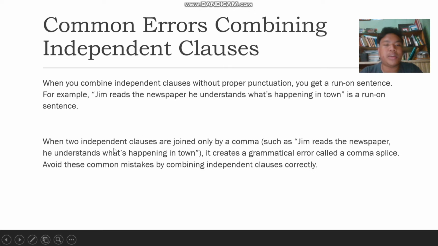When two independent clauses are joined only by a comma, such as "Jim reads the newspaper, he understands what's happening in town," it creates a grammatical error called a comma splice. Avoid these common mistakes by combining independent clauses correctly.